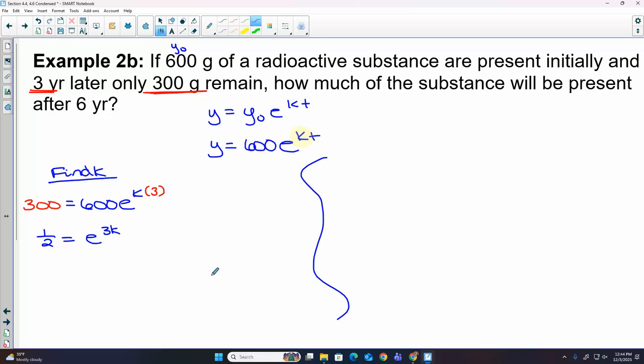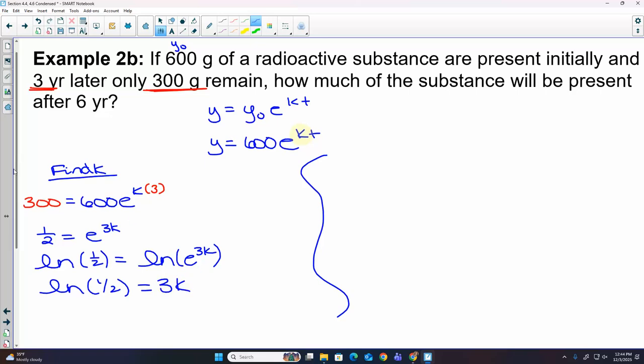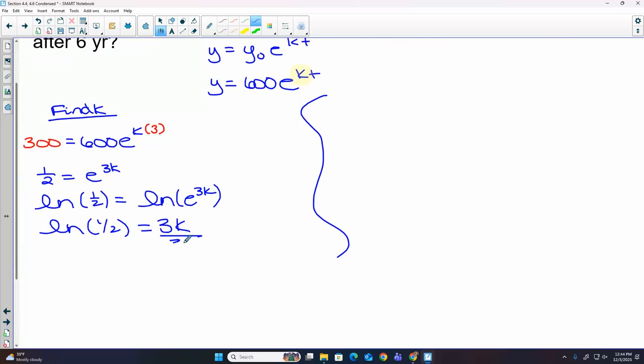Then what do we do? The natural log and the e cancel, so the natural log of 1/2 equals 3K. Divide by 3. So my K is negative 0.2310. I'm getting a negative because this is decay.